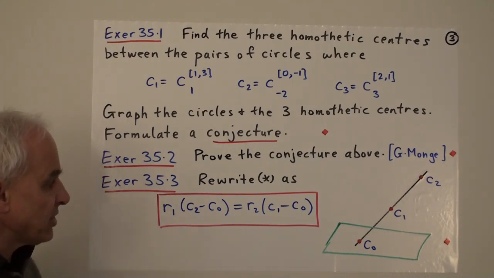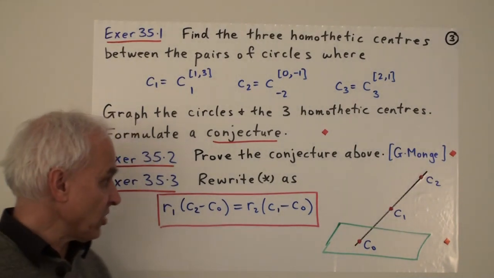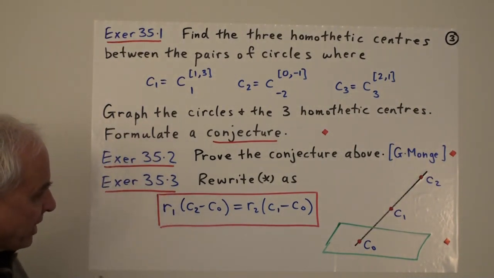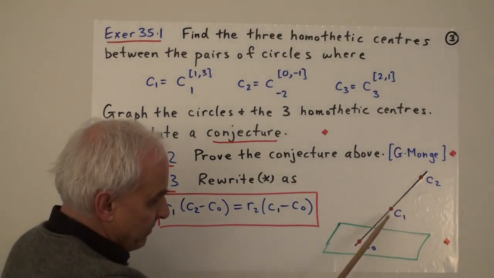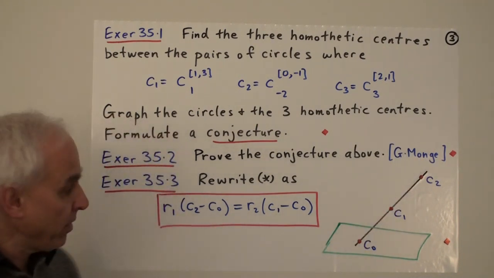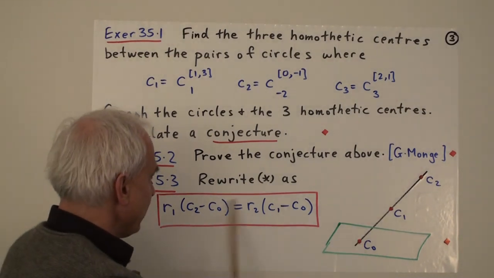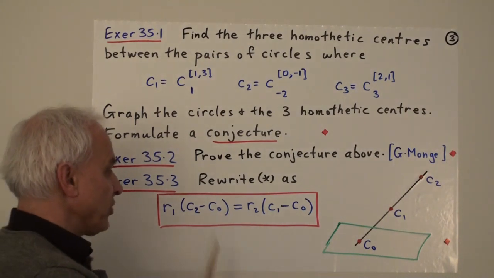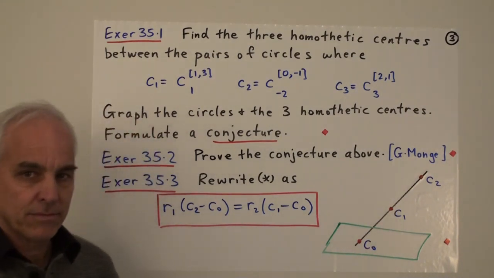And our third exercise is to rewrite the formula for the homothetic center on the previous page, which had a star beside it, in this sort of alternate form, which shows that if here is the homothetic center in the 3-dimensional space of the circles represented by the points C1 and C2, then R1 times (C2 minus C0), so this is the vector from here to here, equals R2 times the vector (C1 minus C0), the vector from here to here.